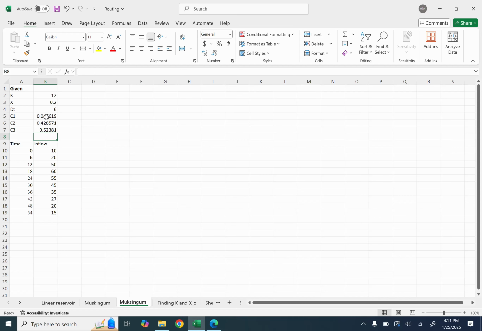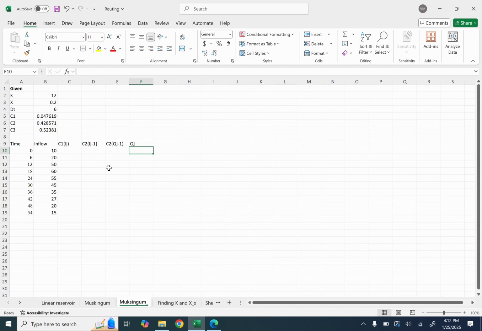Now let's populate the columns here for C1 times ij, C2 times ij minus 1, and C3 times qj minus 1, and then finally we have qj.